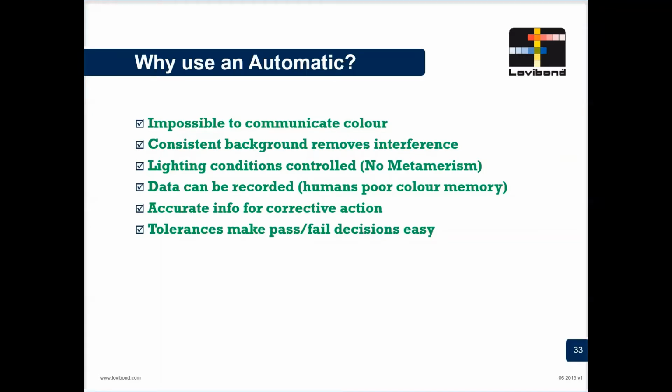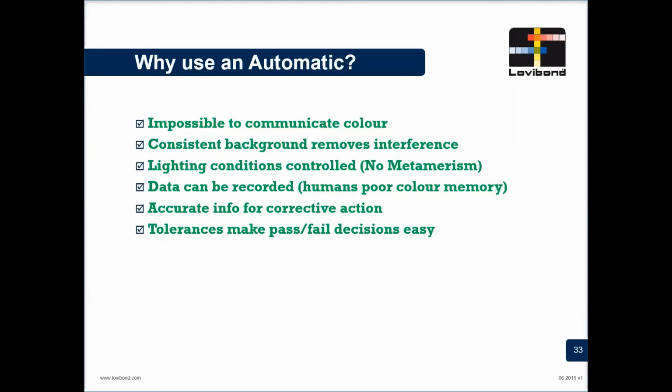We can record results and get an accurate measurement out, so we can correct our refinery process, and we can have a tolerance on our pass-fail, so my customer is happy, or if I'm buying something from my supplier and I've checked what they've given me, I've got a tolerance on what they've sent me. All those sort of things.